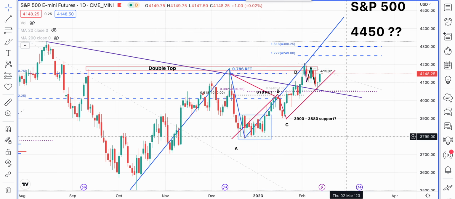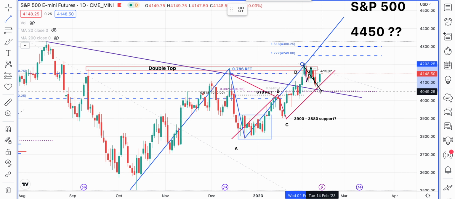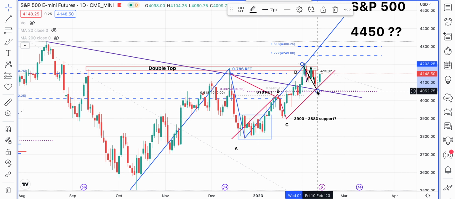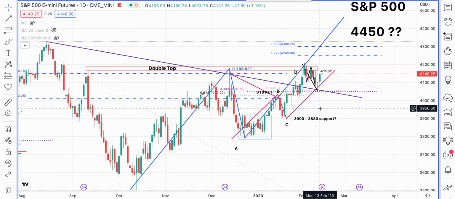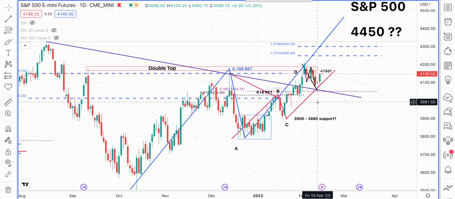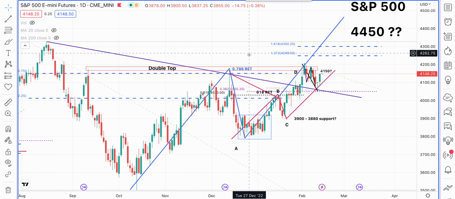So what I've done here is I've done an expansion of this recent leg. It appears that the correction might actually be over, and assuming that it is, then we could have a target of about 4250 to 4300.